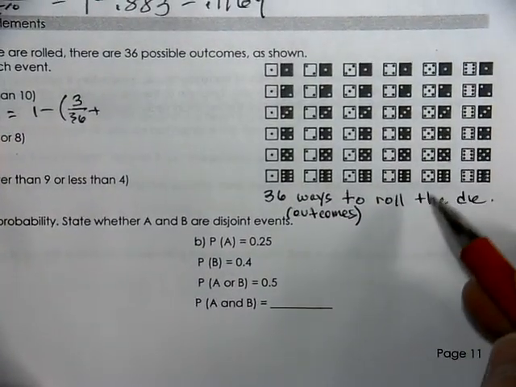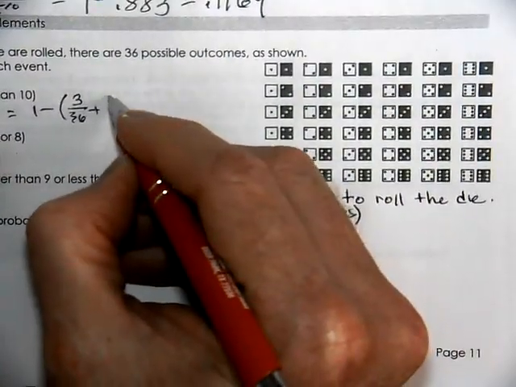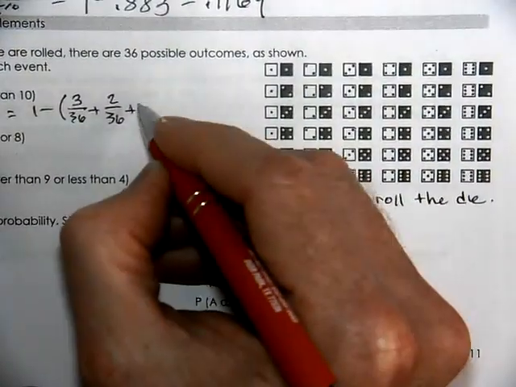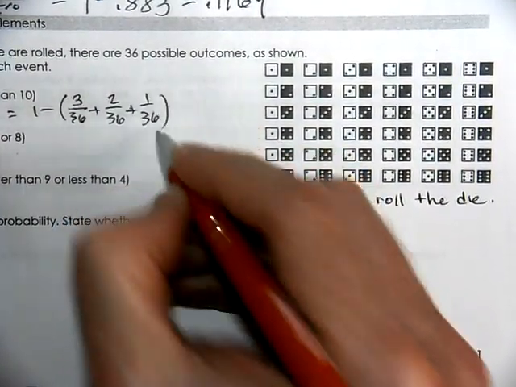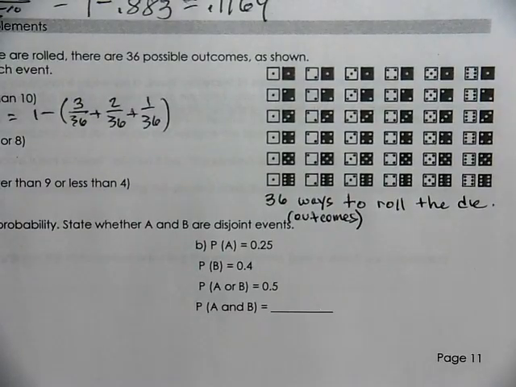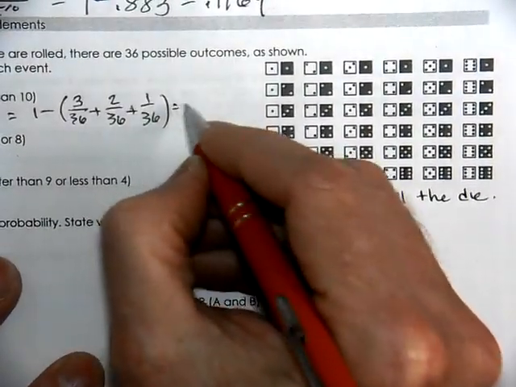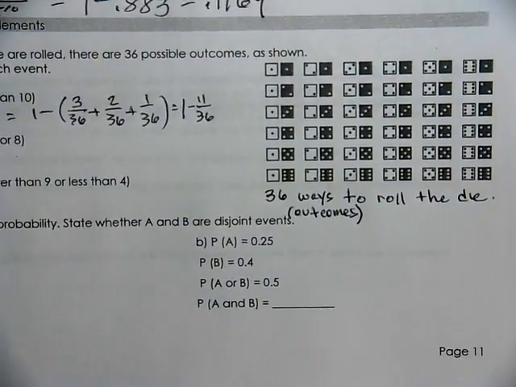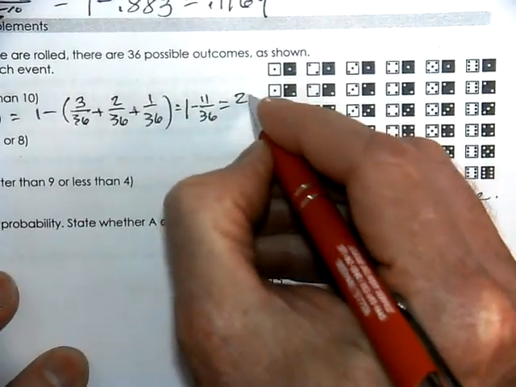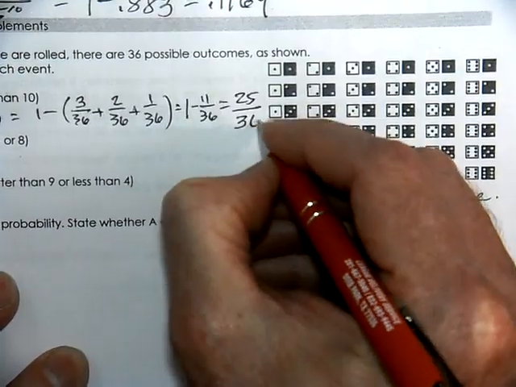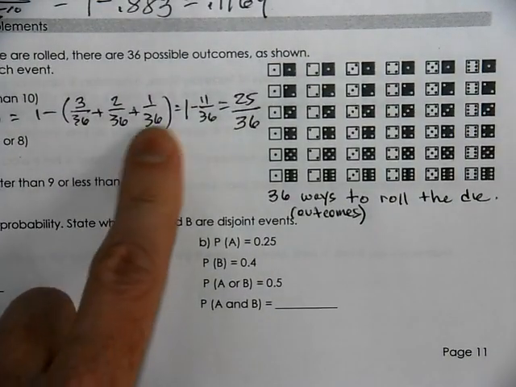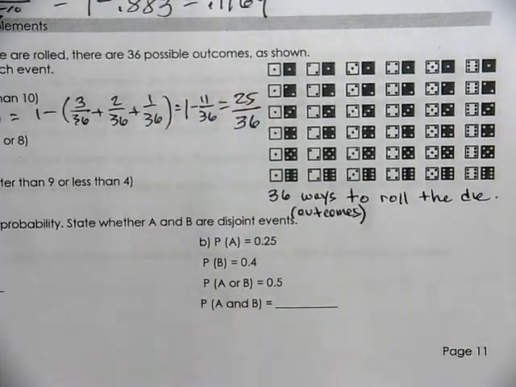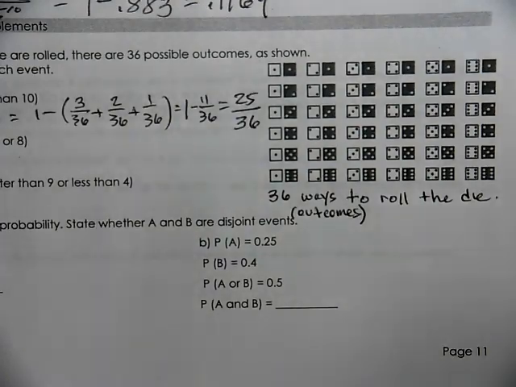There are 2 ways to have an 11. And there's only 1 way to have a 12. So that's going to be 1 minus 11 out of 36, which reduces to 25 over 36, because you need common denominators. 36 over 36 minus the 11 gives you 25 over 36.